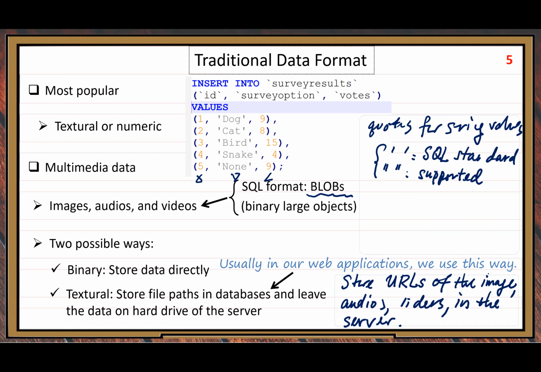So through this discussion, you can see people rarely provide binary data to their users for multimedia data. People provide links, locations, textual data to their users. So usually in our web applications, we use URL links.